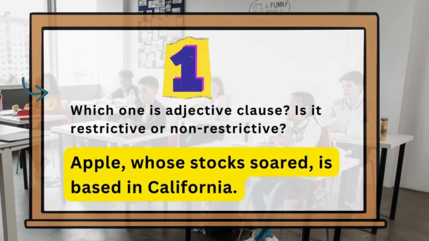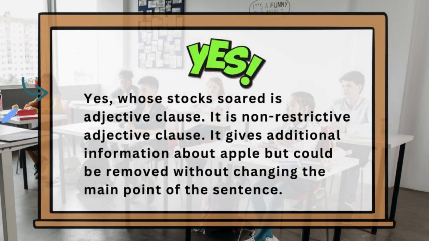Let's check the answer. Number 1. Which one is adjective clause? Is it restrictive or non-restrictive? Yes, whose stock sort is adjective clause. It is non-restrictive adjective clause. It gives additional information about Apple, but could be removed without changing the main point of the sentence.